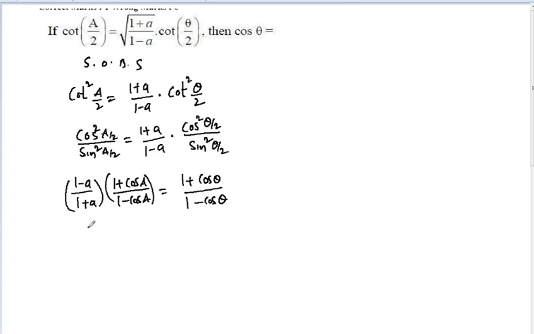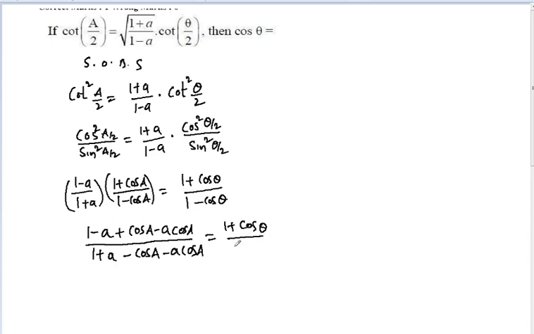So that is 1 minus a into 1 plus cos a minus small a cos a by 1 plus a minus cos a minus small a cos a is equal to 1 plus cos theta by 1 minus cos theta.